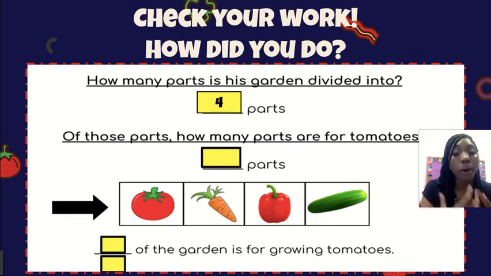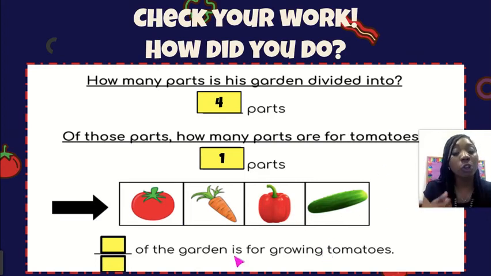Of those 4 parts, how many parts are for tomatoes? Well, if I look at my picture, I notice that 1 out of the 4 parts are for tomatoes. And I know that 1 out of 4 parts are for tomatoes because this part is for carrots, this is for peppers, and this is for cucumbers.